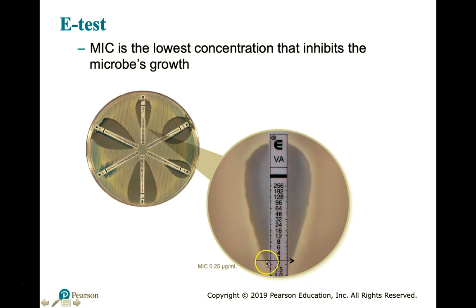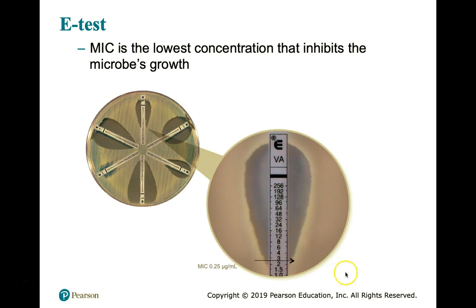So if we look right about here, there's no growth on this side, and I know the arrow's a little bit in the way, but there's also no growth on this side. So what you're looking for is when the growth separates from the actual test strip. So our minimum inhibitory concentration for this would be 0.25 micrograms per milliliter.